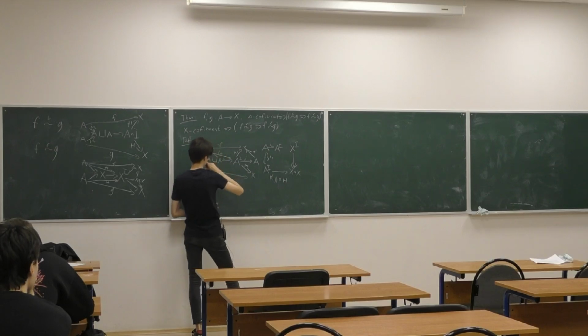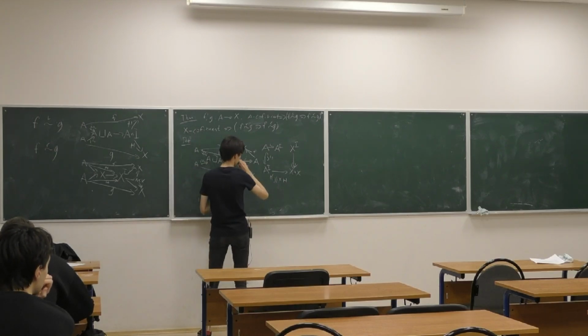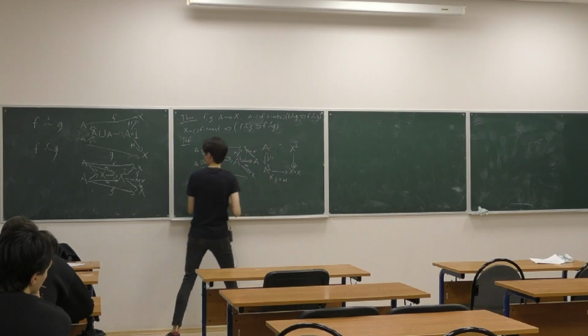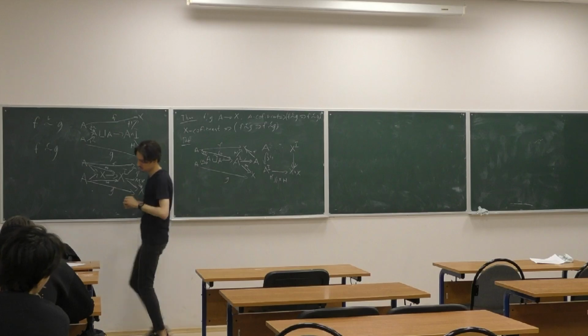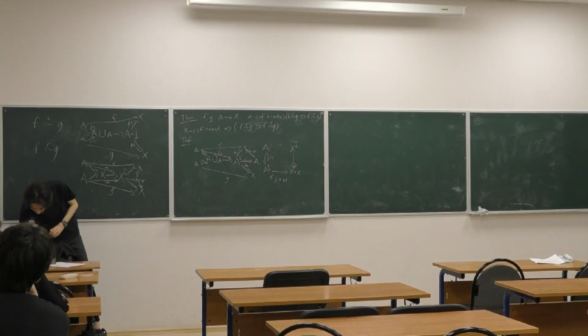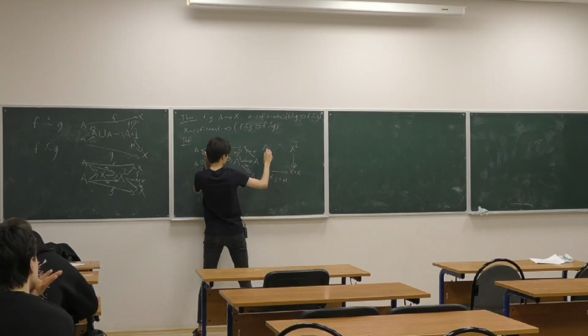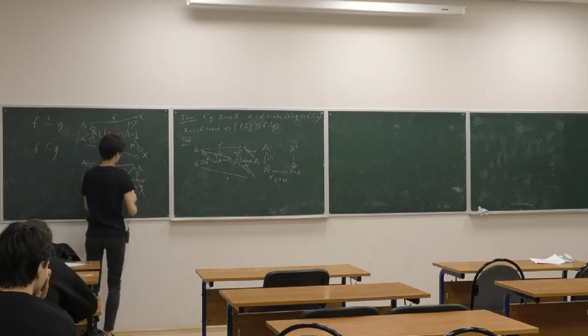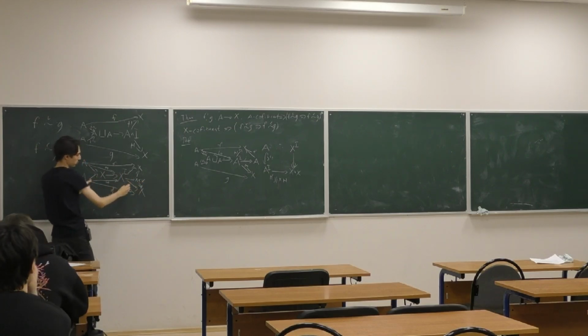No, wait. Oh, wait. This is not here, but this is F. Let me try to remember. This is the map QF. So here let's see this as a good path object.